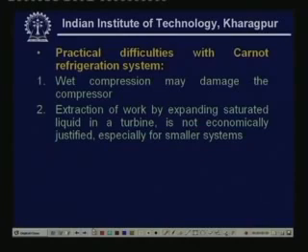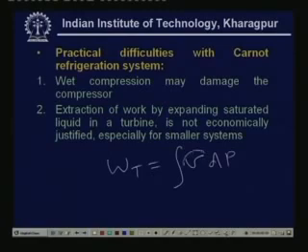If you assume that the process is a steady flow process, then the specific work output of a turbine, neglecting kinetic and potential energy changes, is given by integral VdP. And since you are expanding the liquid, and liquids have typically very small specific volume, this is very small because of the small value of specific volume. As a result, compared to the compressor work input, the work output of the isentropic turbine is very small.